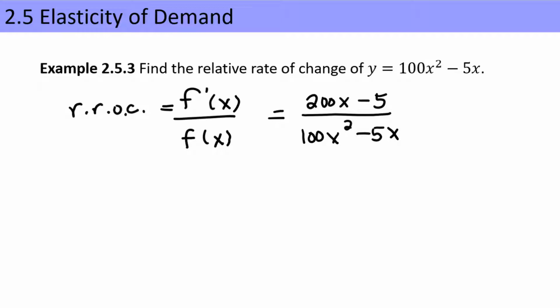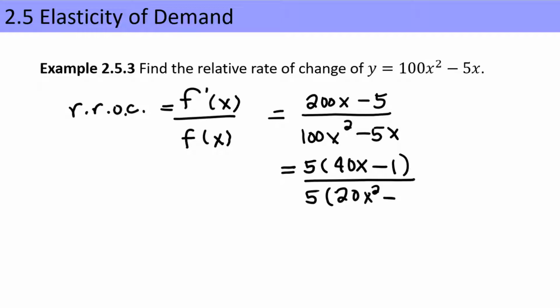minus 5x. To simplify, let's factor out a 5 from the numerator. So factoring out the 5, that means divide. So 200 divided by 5 would be 40x, minus 5 divided by 5 is 1. Divided by, factoring out a 5 in the denominator, 100 divided by 5 would be 20, and that leaves x squared, minus 5x divided by 5 leaves x.